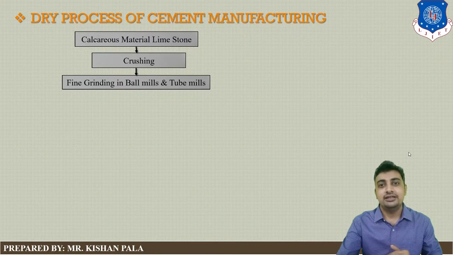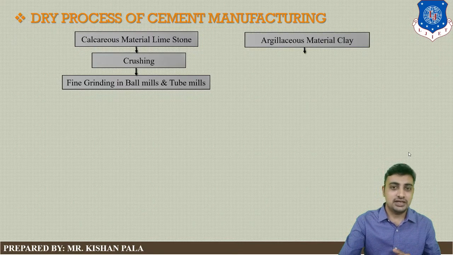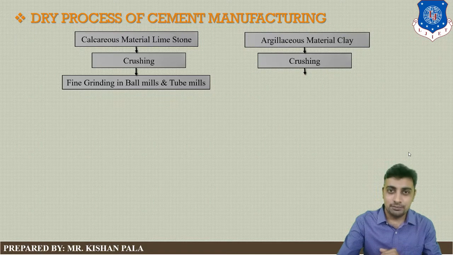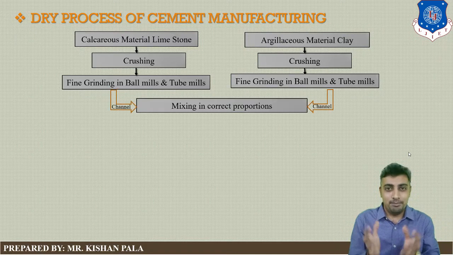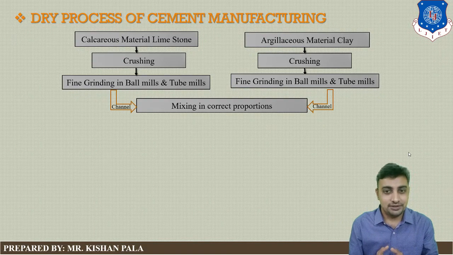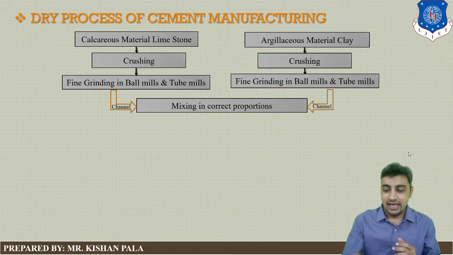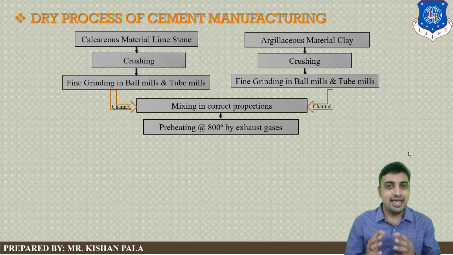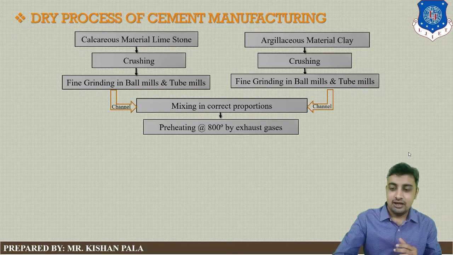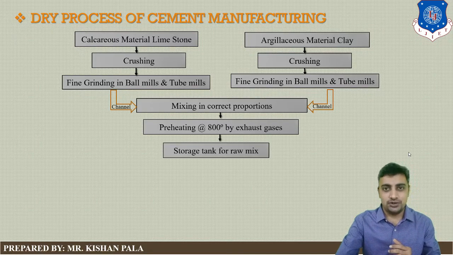Similarly, the clay particles are also crushed in the ball mills and tube mills, and both materials are mixed dry in the correct proportion and then heated to 800 degrees Celsius by the exhaust gas, and then the raw mix is stored.